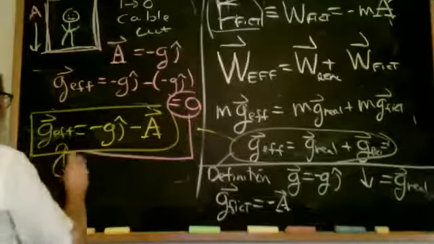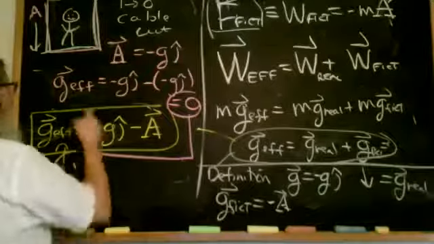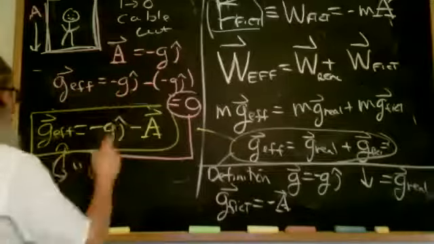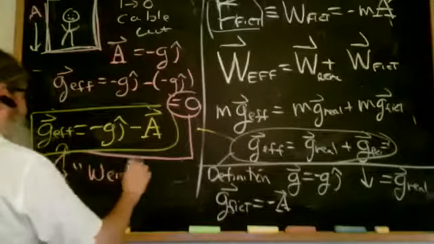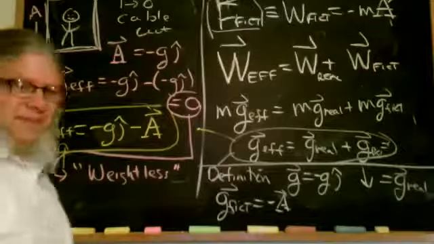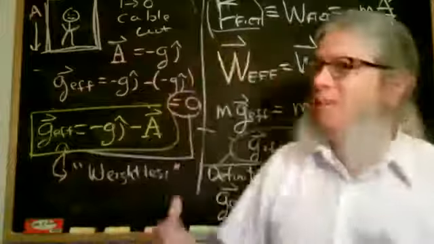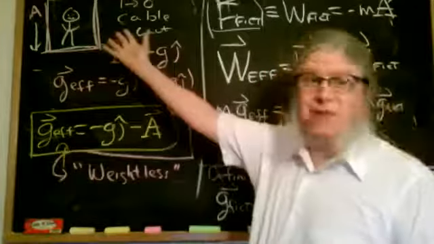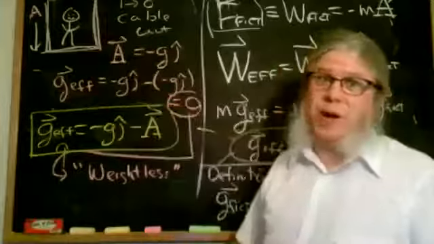Okay? So your experience in the elevator as you fall is that the effective weight, the effective gravity, goes to 0. And the term we use to describe this, of course, is weightless. So if you're in free fall, like you are in this elevator as it's falling, you experience weightlessness.